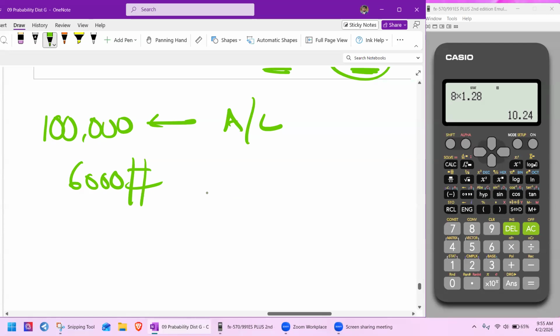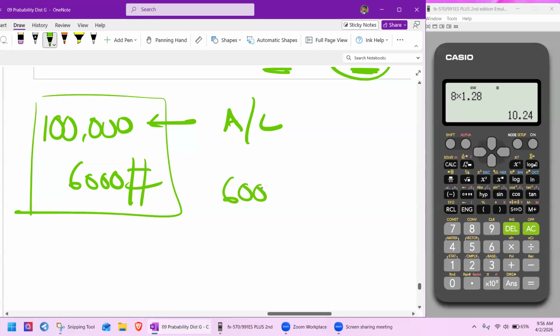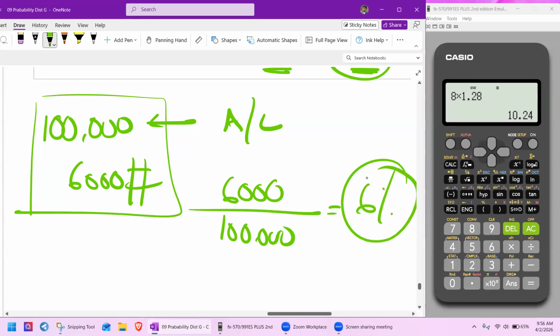Then how do they find the set score? First they have to decide the probability. Only 6,000 students will get admission out of 100,000, so only 6% of the students will get university admission.